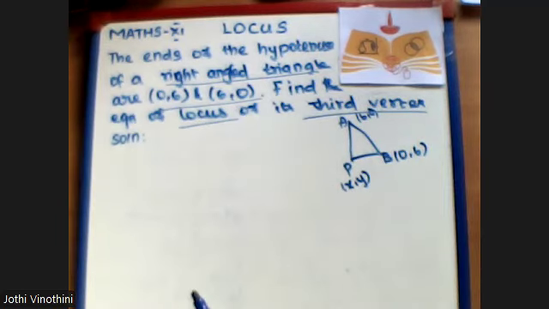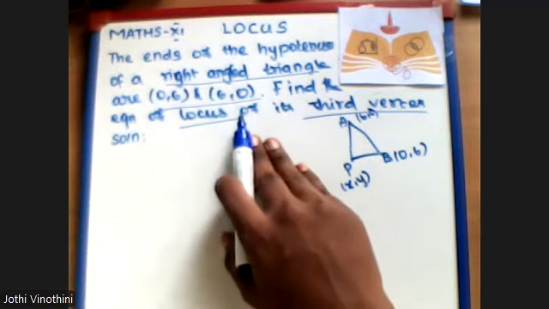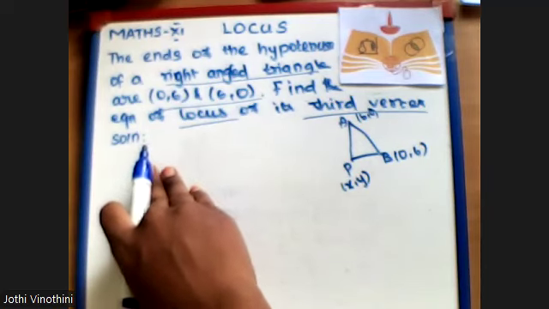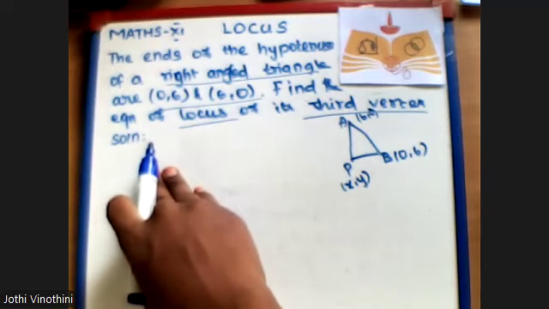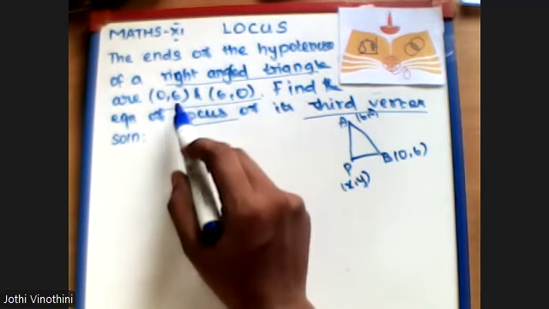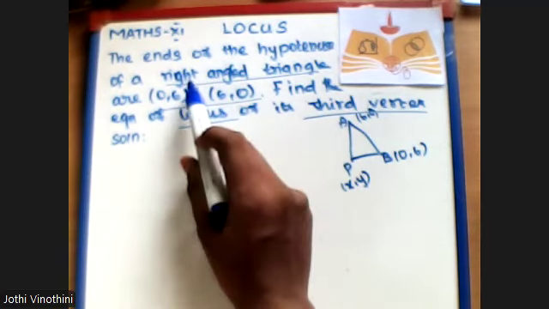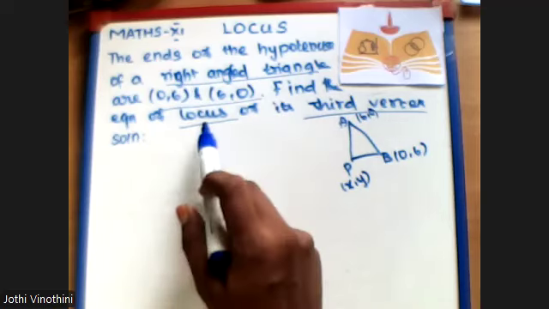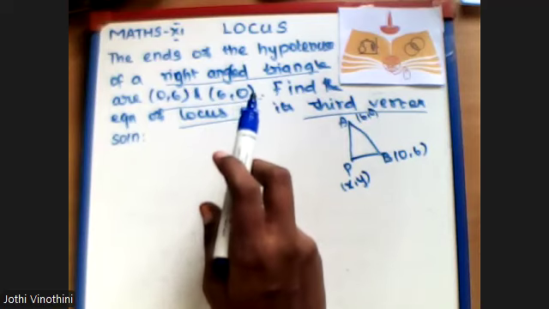It is the same thing as in the previous one but with different words. So before solving a question, we have to find what they have given exactly and what they ask us to find. They have given 2 vertices and noted this is a right angle triangle and asked us to find the locus. Shall we start this?